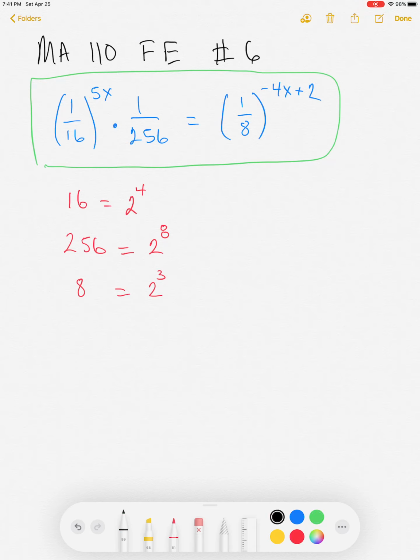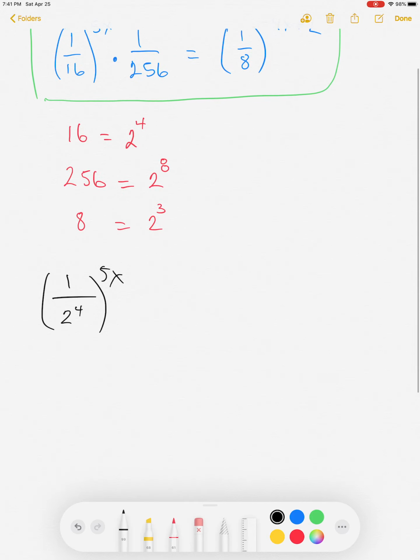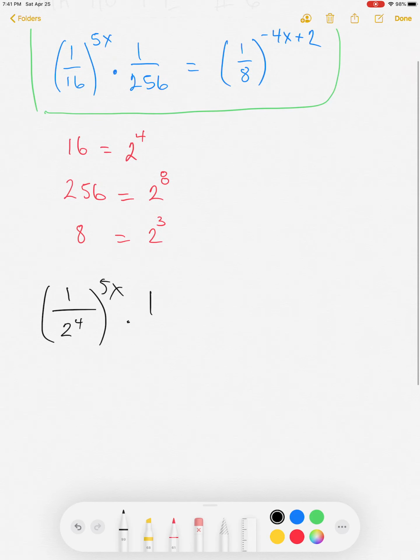So when I do that, I have 1 over 16, but 16 is the same as 2 to the 4th. That's raised to the 5x, times 1 over 256. But 256 is the same as 2 to the 8th, equal to 1 over 8.